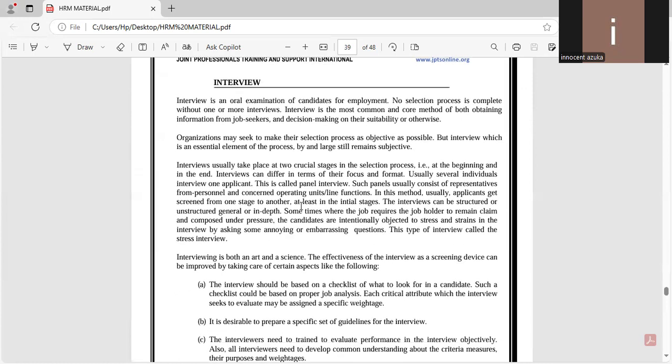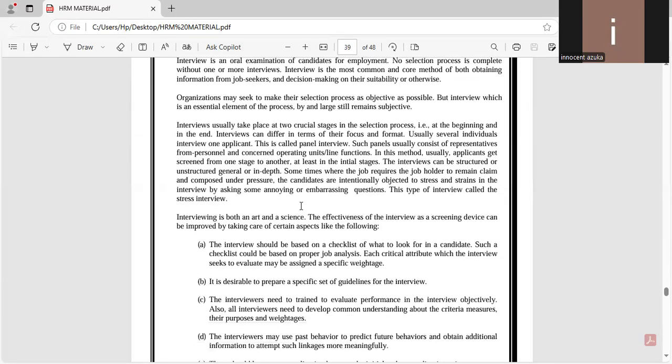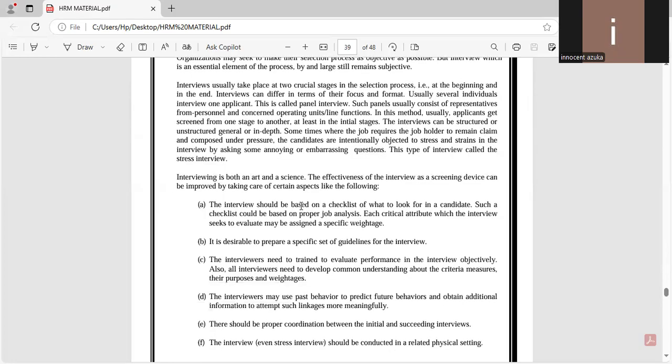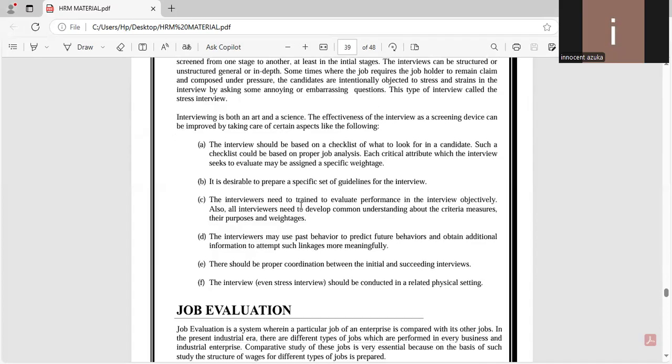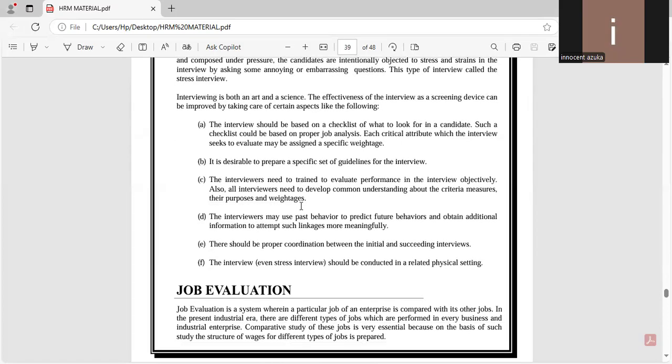The effectiveness of interview as a screening device can be improved by taking care of certain aspects like the following.